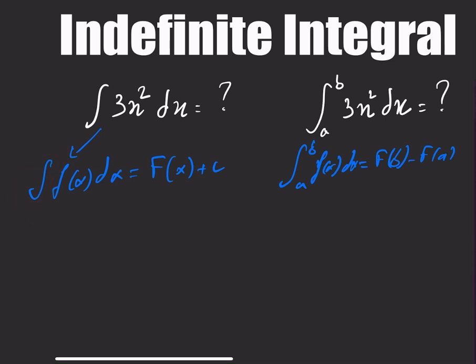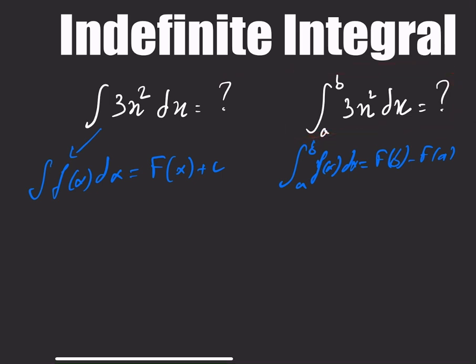So let us take one example. We will identify which integral is definite and which is indefinite. I give you one example here: this is one indefinite integral and this is one definite integral.